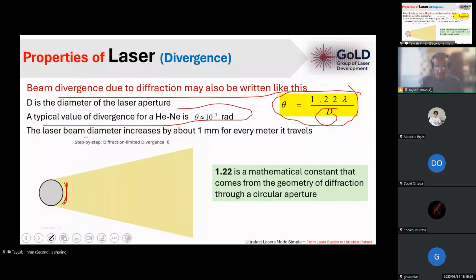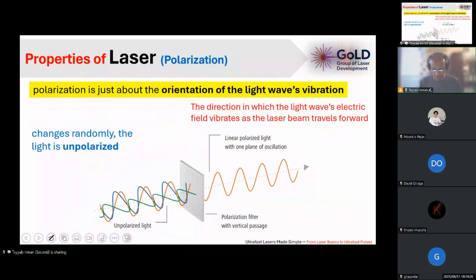The laser beam spreads by about 1 millimeter for every meter it travels. This is about the helium neon laser. But if the laser is of very good quality, the divergence and the spread will be much less.